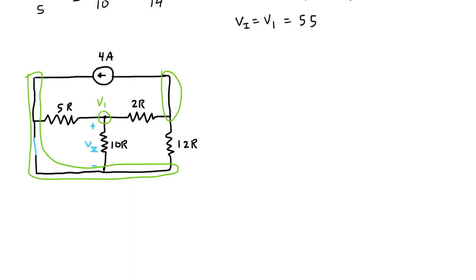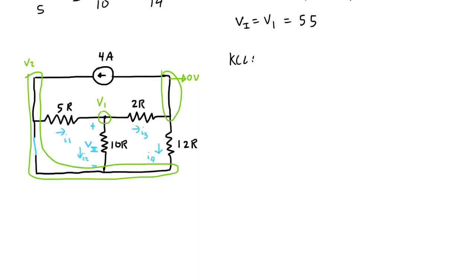I'll still call this V1, and I will call this V2, and I guess I'll call this ground. All right, so we got I1, I2, I3, and I4.